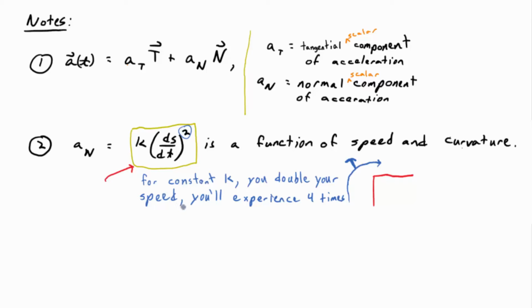So you'll experience 4 times the normal component of acceleration. So it's a way to quantify why you feel pulled to the side of your car if you turn fast.